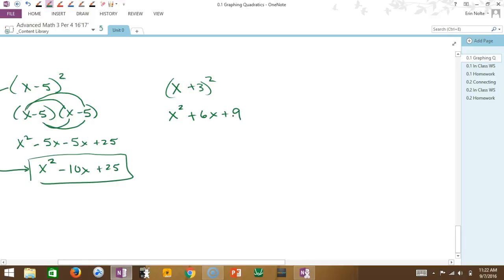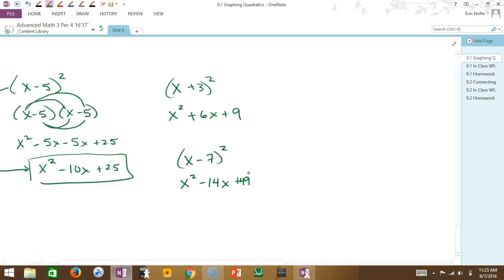Got it? Okay, what if I do x minus 7 squared? What would that one be? You tell me. Minus. And then, yep, the last term will always be 49. Always be positive.